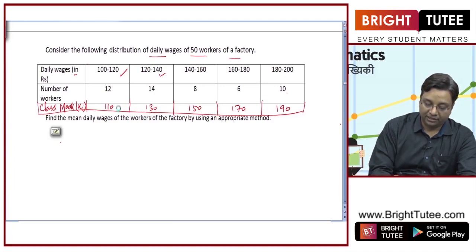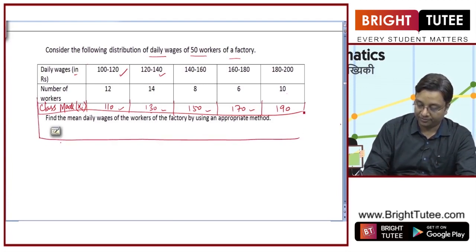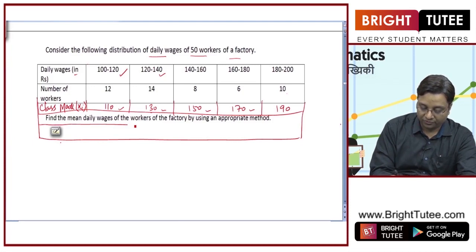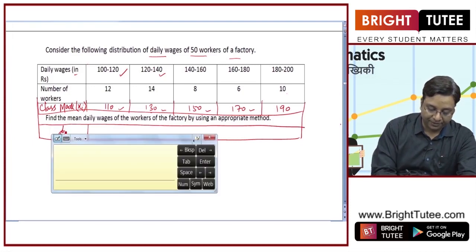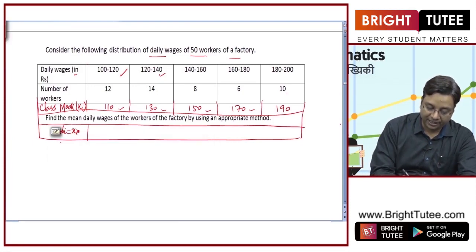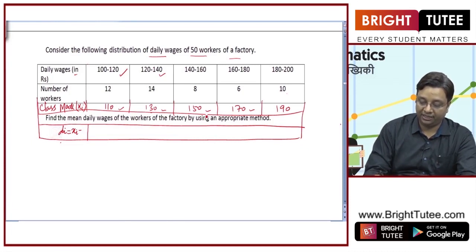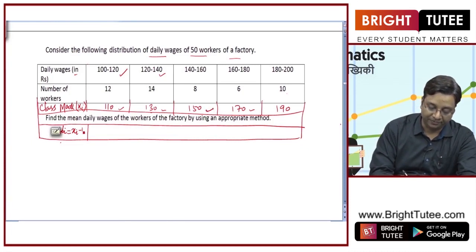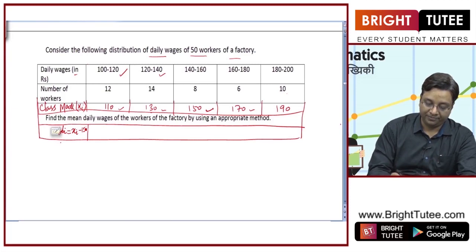Now this data is a little bigger, so to make it smaller we will subtract something suitable from these. So let us make a column for di. So di is xi minus the assumed mean, which in this case I am assuming 150. So let us subtract 150 from each of these.